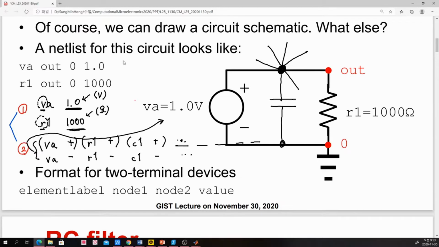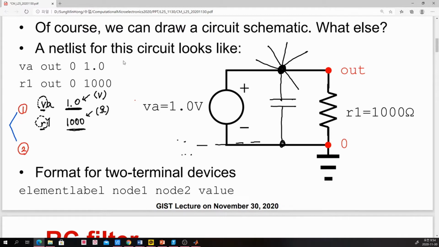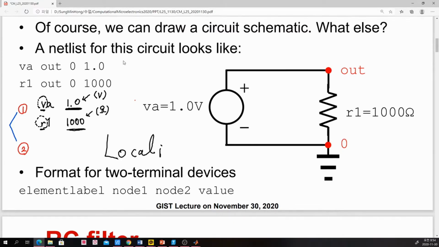Since this circuit is so simple, it is not that difficult, but for a realistic one, that becomes an increasingly difficult job as we have more and more circuit elements. I think that is the critical point we have to keep in mind. So what I want to say is, please localize.